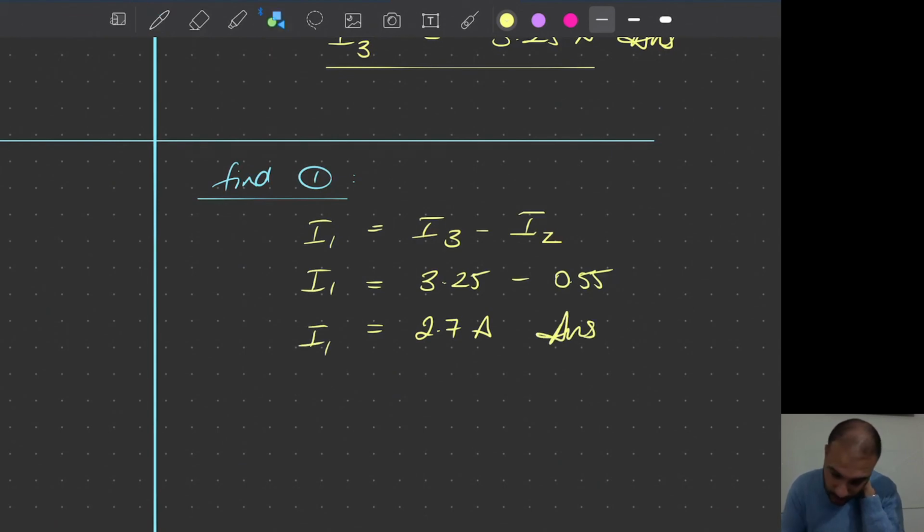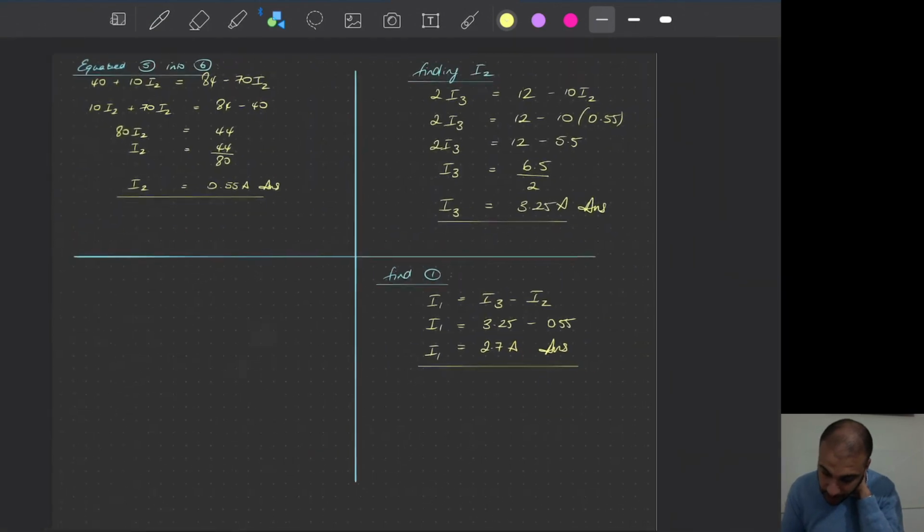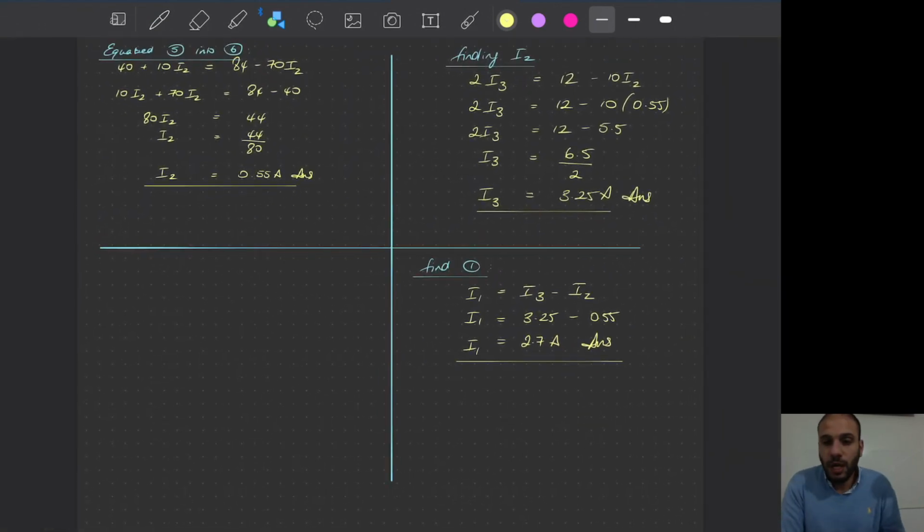And that is our answer as well. Okay? And that is how you solve for I by using Kirchhoff's laws.